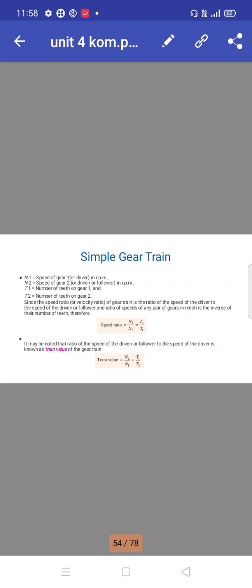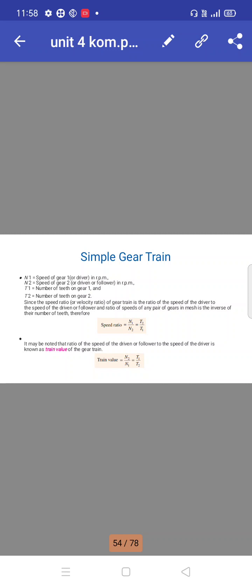The speed ratio or velocity ratio of the gear train is the ratio of the speed of the driver to the speed of the driven or follower. The ratio of speeds of any pair of gears in mesh is the inverse of their number of teeth.